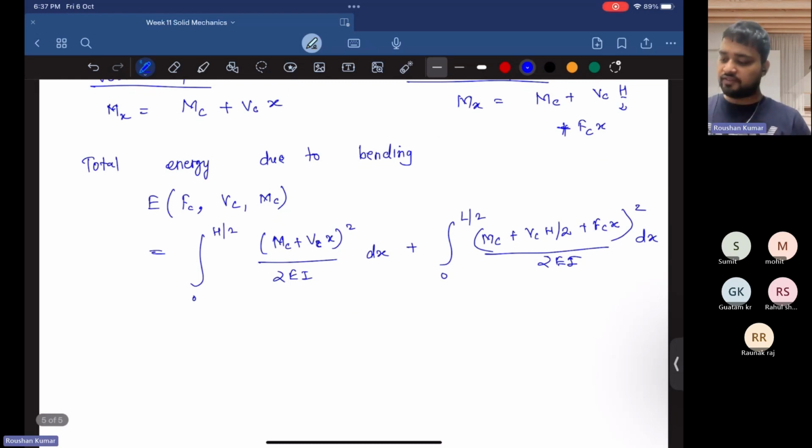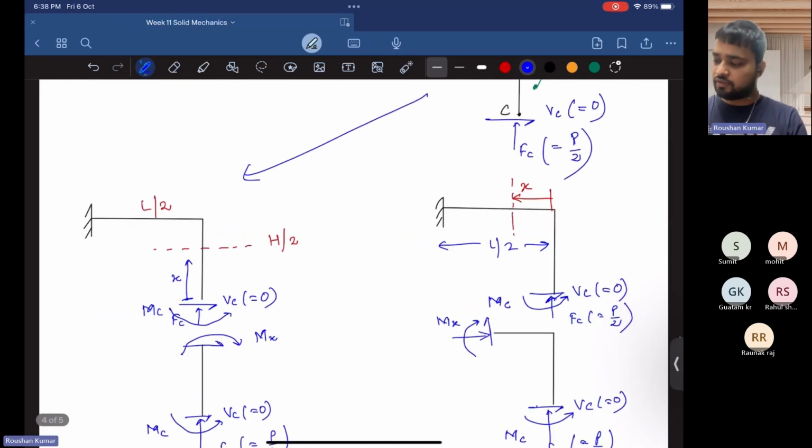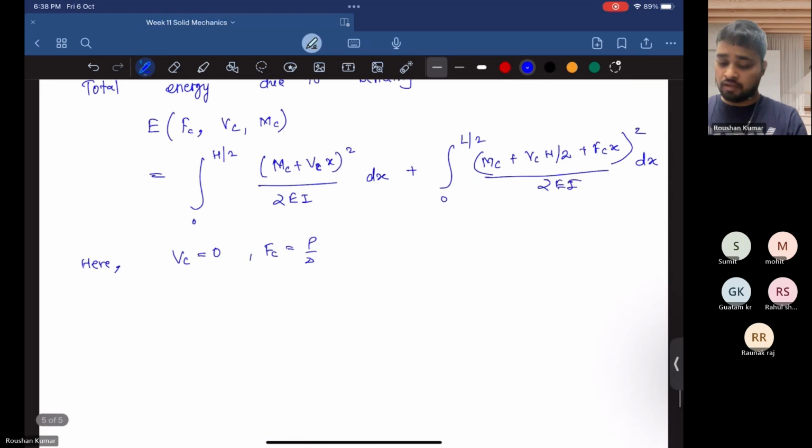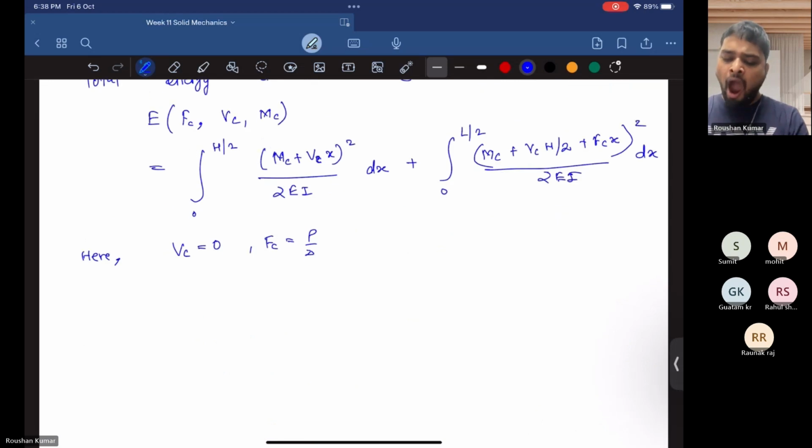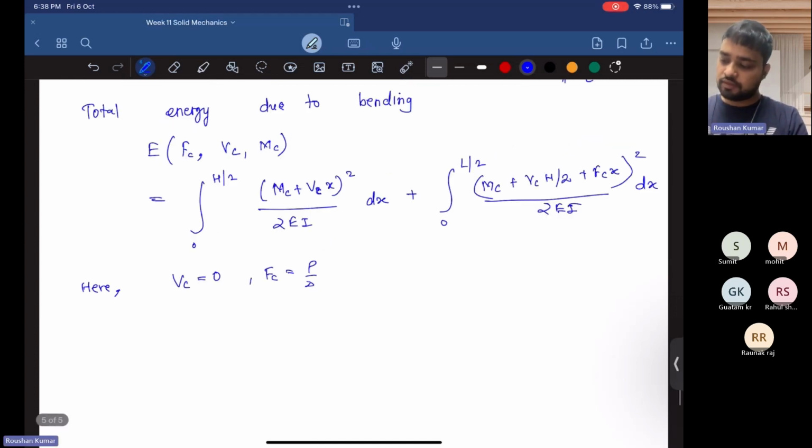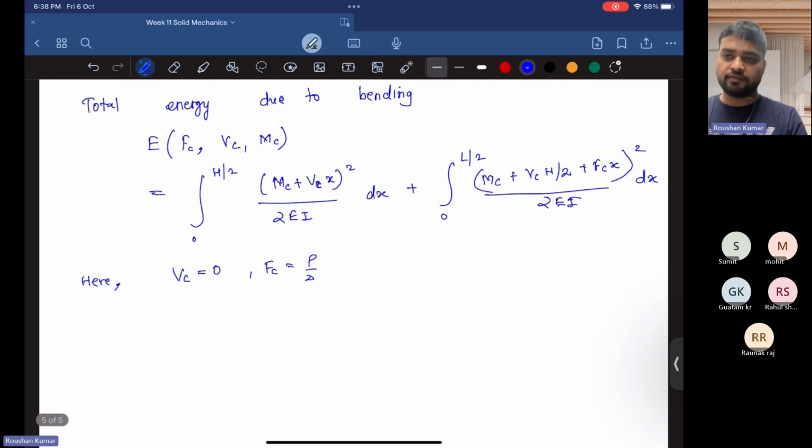Now here we can see that Vc equals 0, Fc equals P by 2, and Mc is unknown. Now we are using the setting that the derivative of energy with respect to the moment at C will be 0.